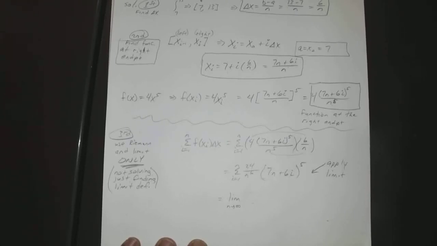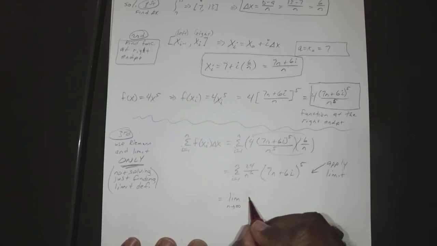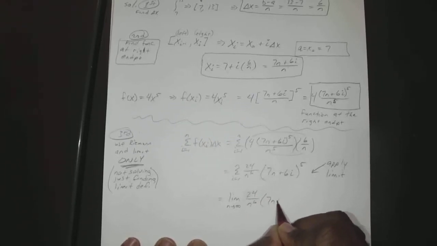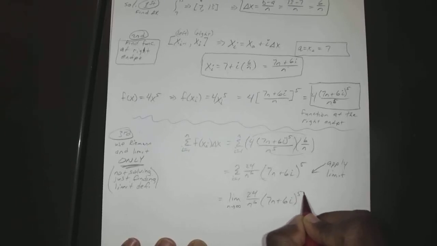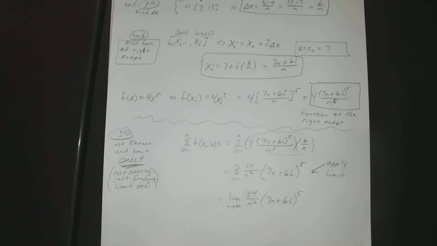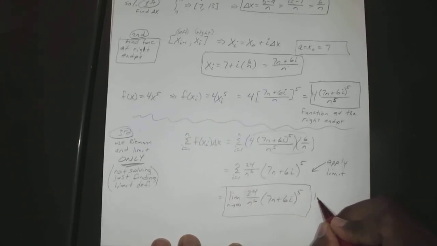Do we need the sum on this one? I don't think you need the sum for this answer, so you replace the sum with the limit. So this would be your limit definition.